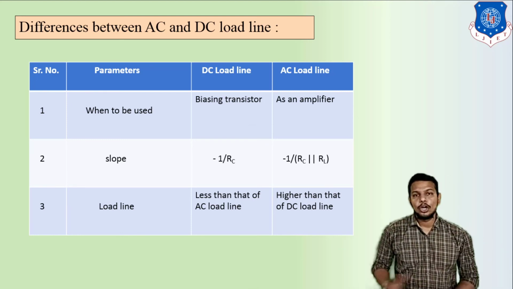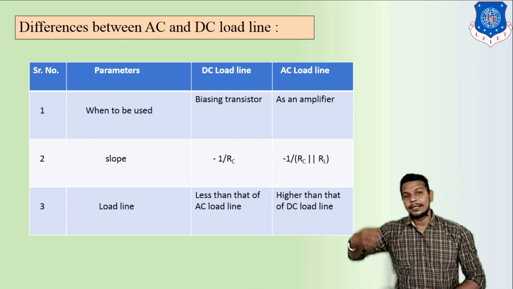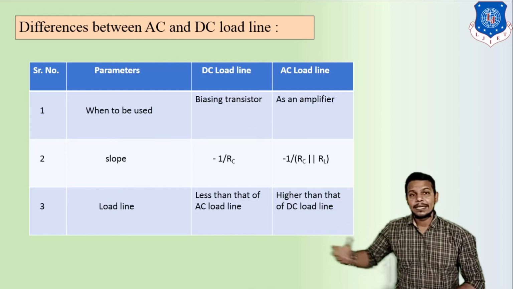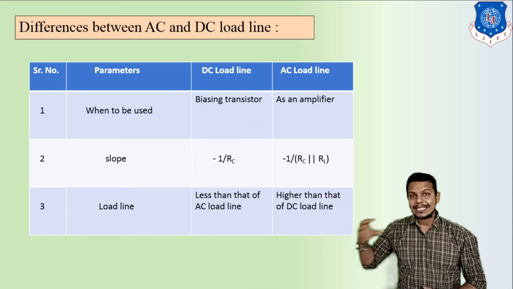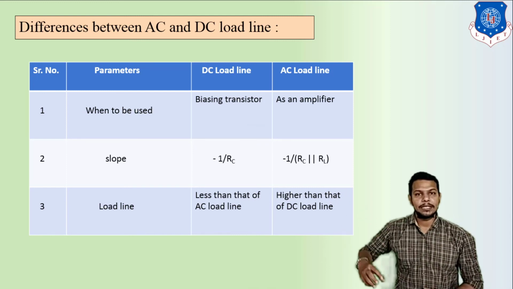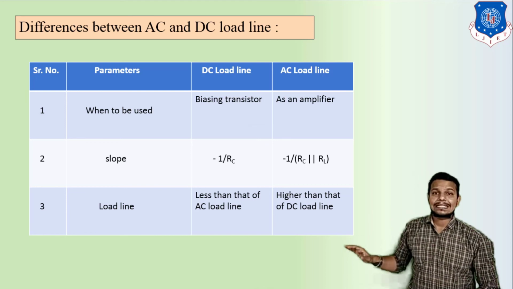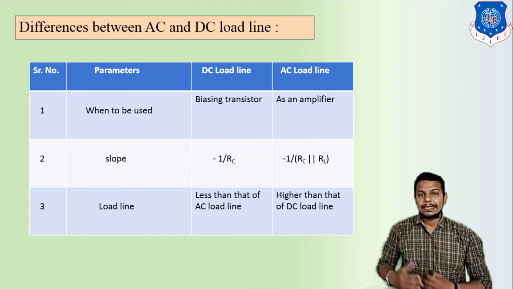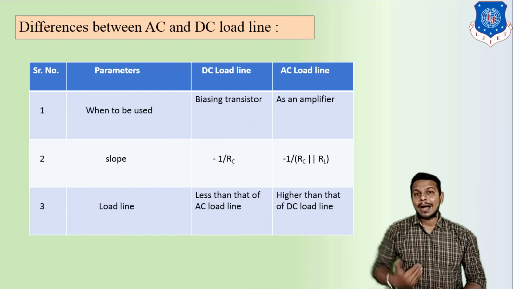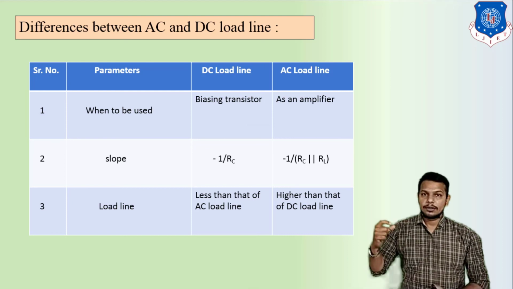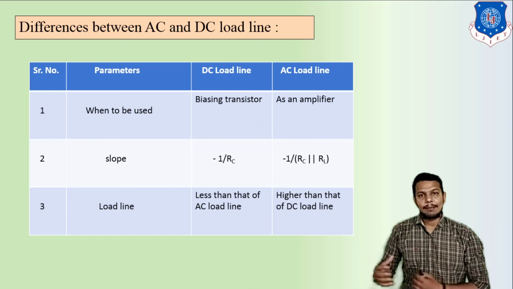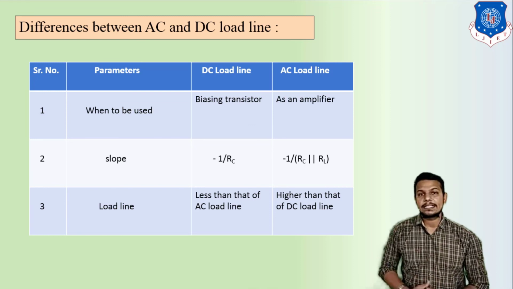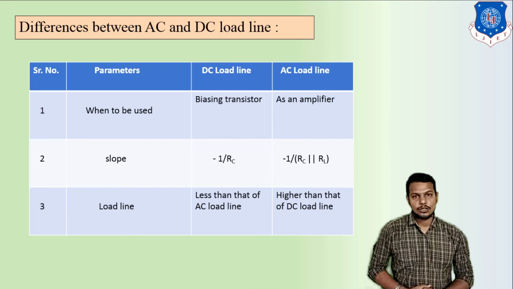And number three, the slope of the DC load line is less than that of the AC load line, and the AC load line is higher than the DC load line. So remember, the DC load line is used for biasing the transistor, whereas the AC load line is used for amplification. This is the biggest difference between the DC and AC load line in analysis.